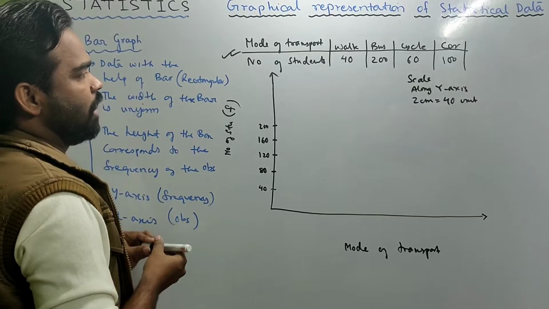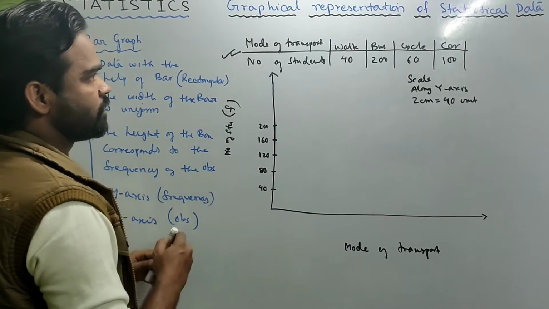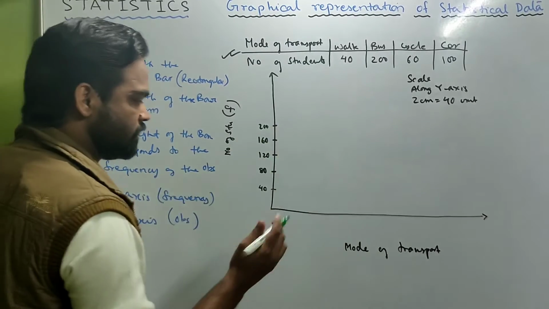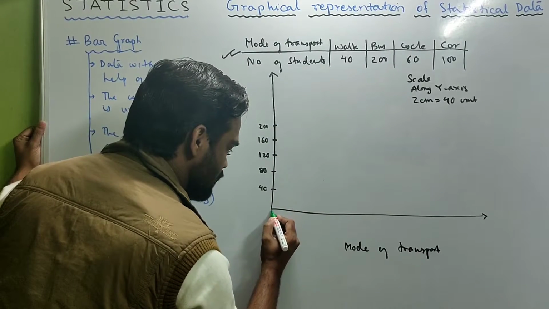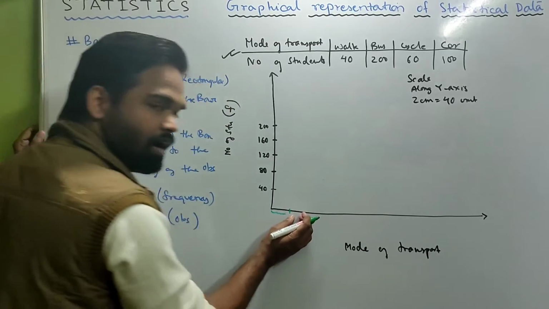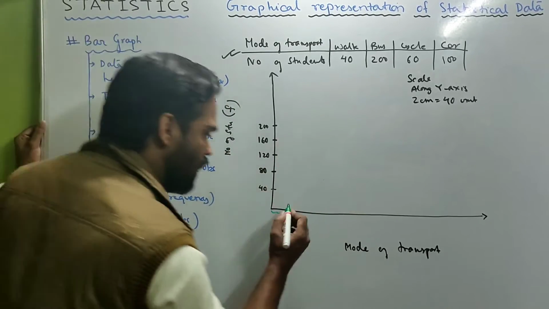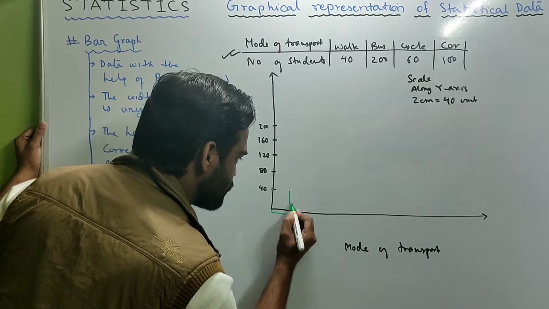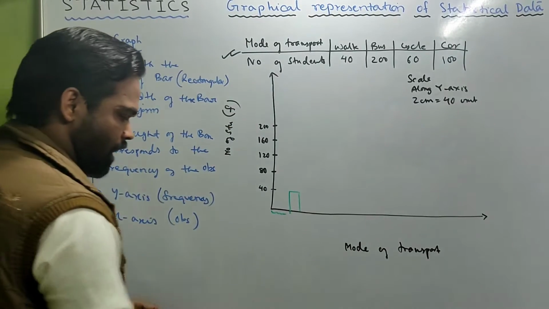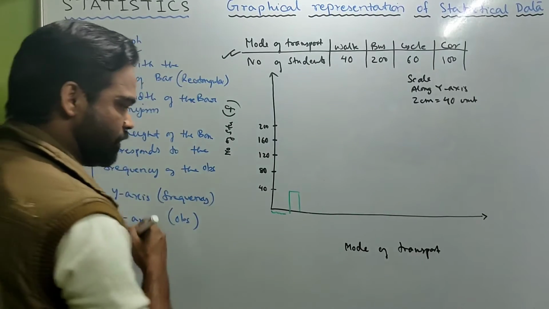Now the first mode of transport is walking. How many? 40. So I'll leave a gap of suppose 2 centimeter. Then I'll draw a rectangular bar of width suppose 1 centimeter.